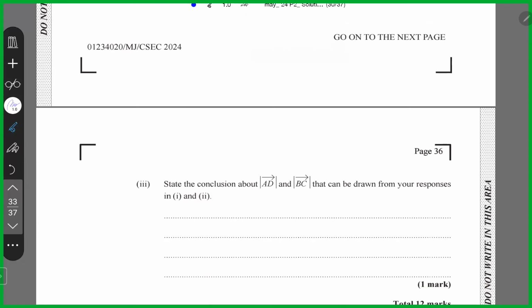The last thing, we're asked to state the conclusion about AD and BC.